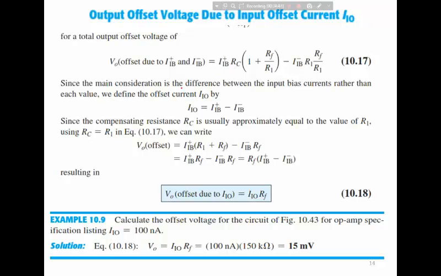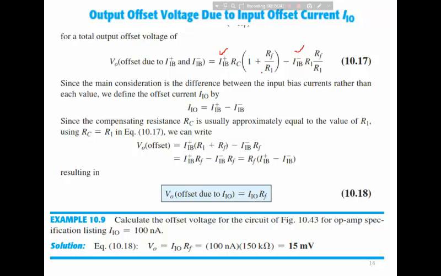since the main consideration is the difference between the input bias currents rather than the magnitude of each quantity, whatever the value of each bias current is, as long as they are equal, there would not be any offset current at the input, and there would not be any offset voltage.